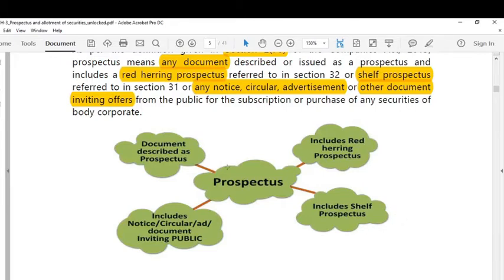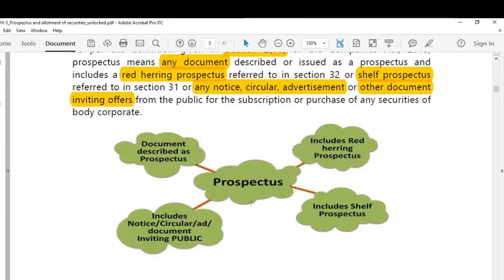And another one is that a prospectus also includes a document which describes the securities being offered to the public. And the fourth one includes even notices, circulars, advertisements, or a document inviting the public for the subscription of any securities of a corporate body.